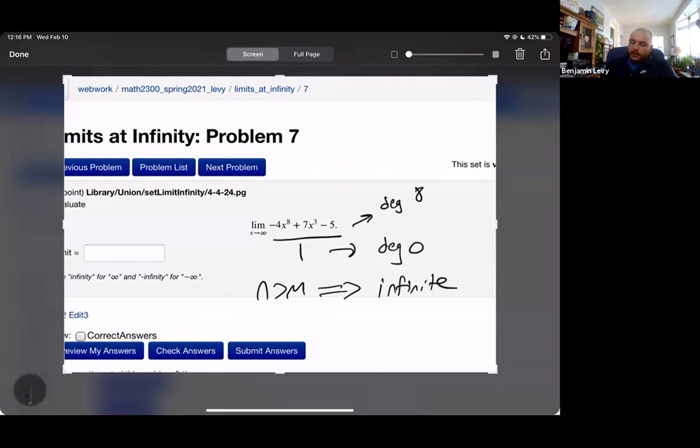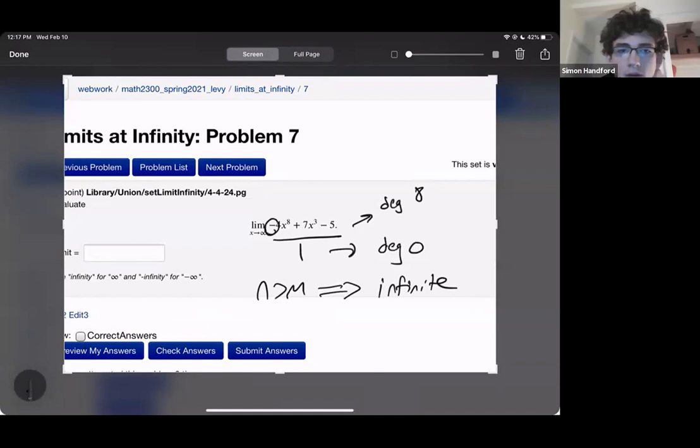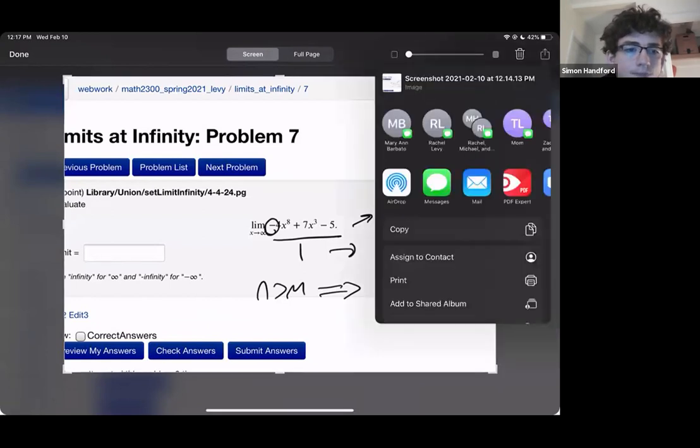And I just mentioned both ends are pointing down, so they're both going to negative infinity because of the minus sign out front. Ah, okay, I see. Thank you. Sure.